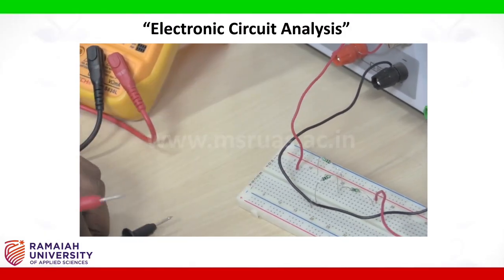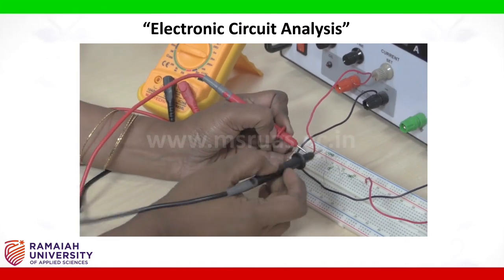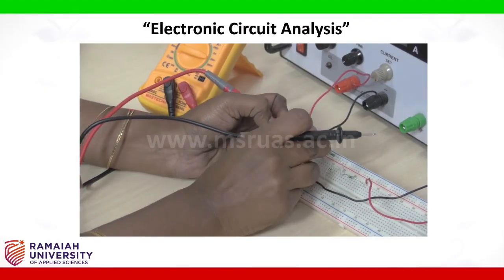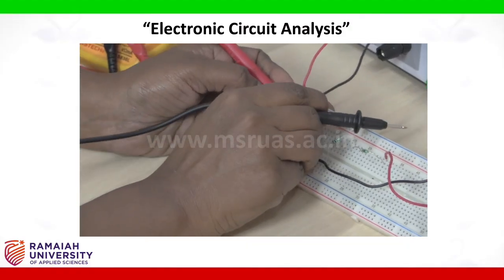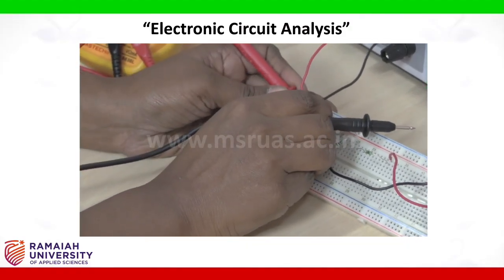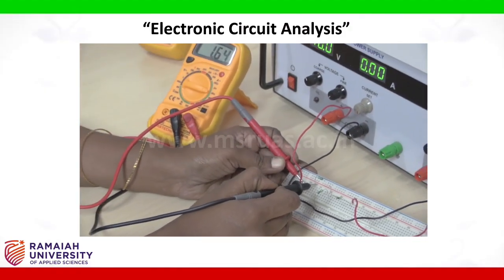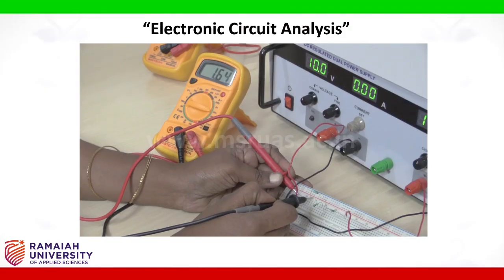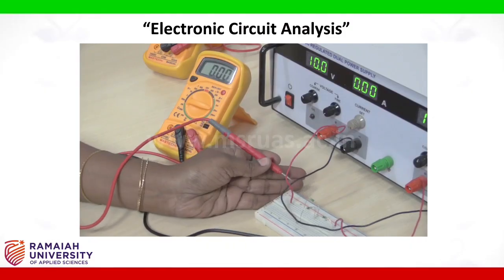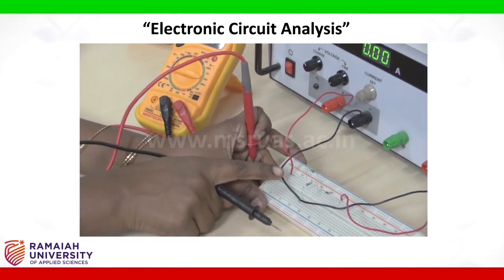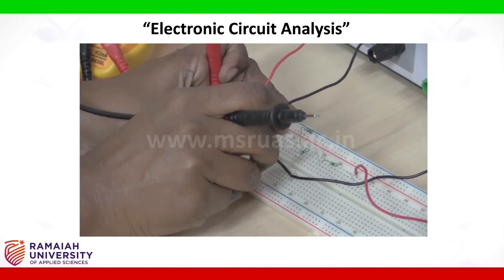Measure current between this new position and the resistor's leg. The current reading is shown as 1.64 milliamps. Replace this node back in original position.